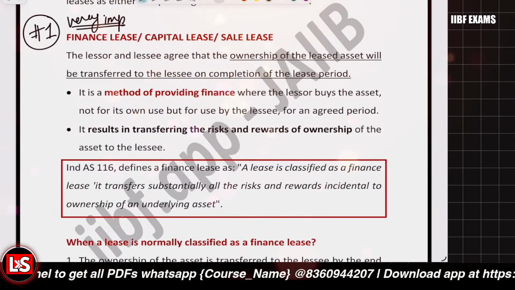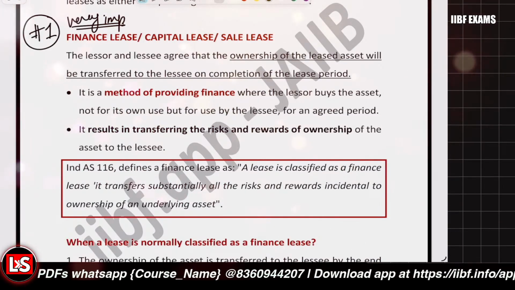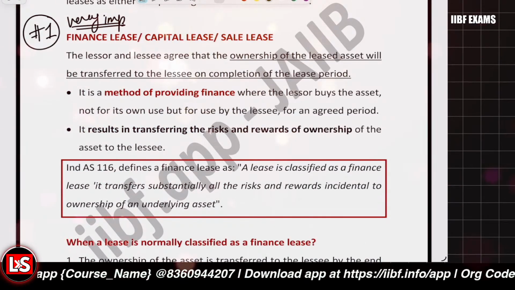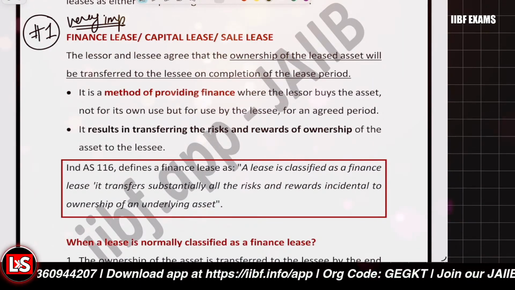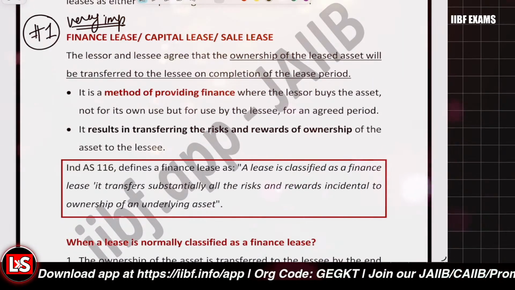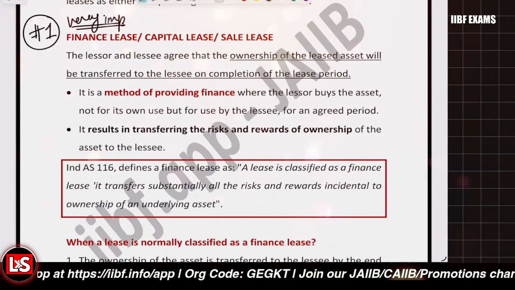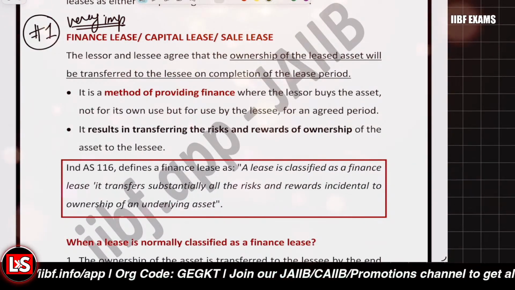So the first lease that we're going to learn about is the finance lease. We also say it to be the capital lease or the sale lease. Why do we say it to be a capital lease?